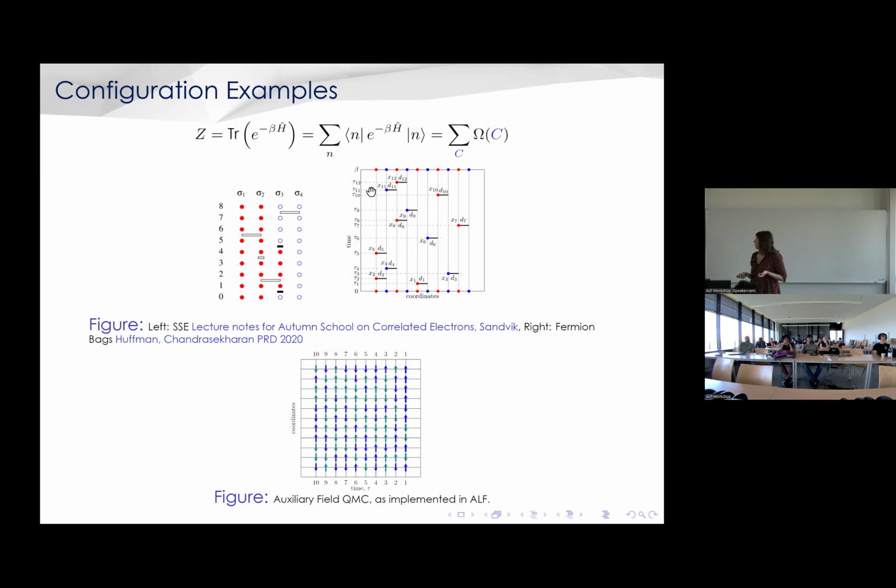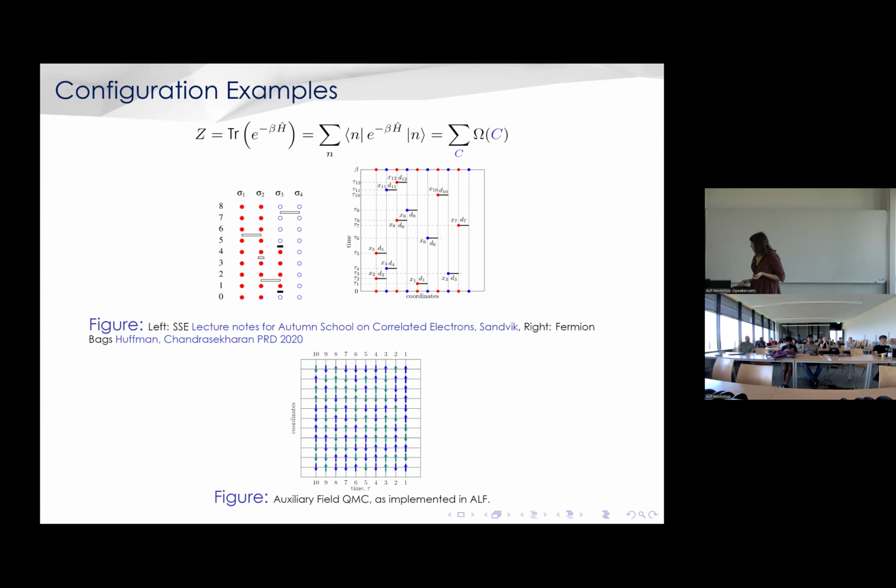Since it's a trace, the state at the beginning has to match the state at the end. For spins, you can often have the physical state of the spin at each time in your path integral. This is an example of one configuration when you're writing the partition function, and then you have all possible pictures that would look like this. These are all the configurations in your space.